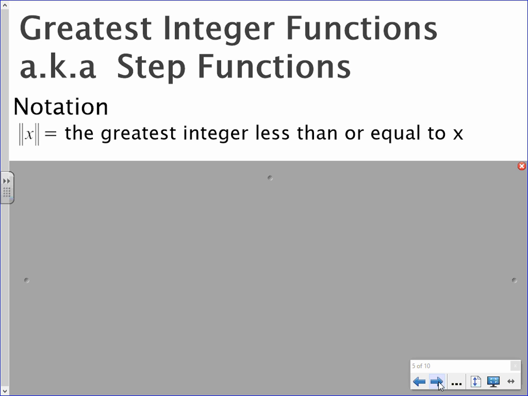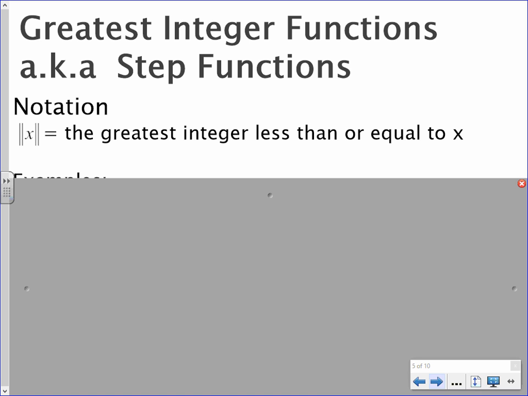Remember, integers are numbers like -1, -5, 2, 3. Basically, we don't have any decimals or fractions. So if we're saying the greatest integer less than or equal to x, we're basically rounding down to the nearest integer.